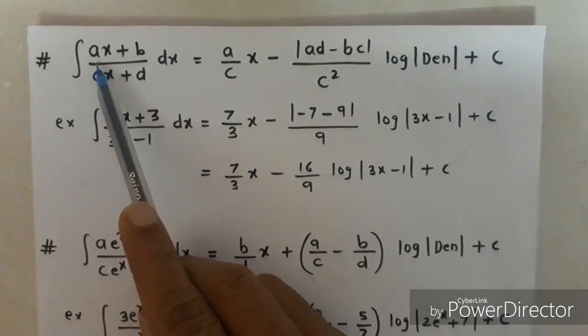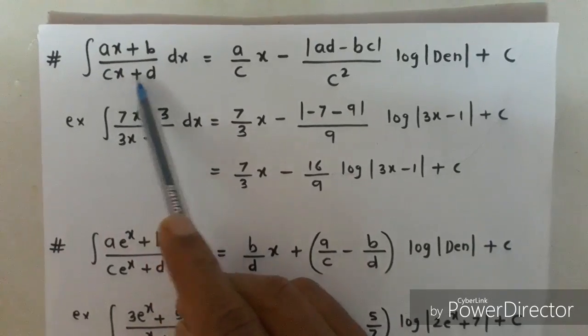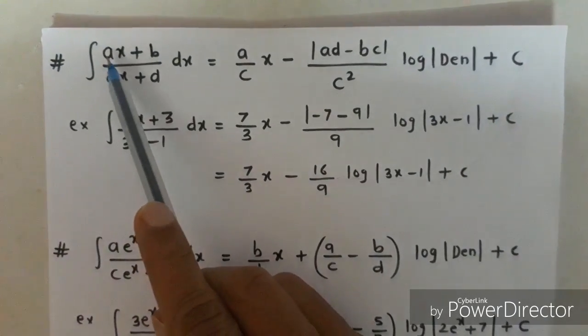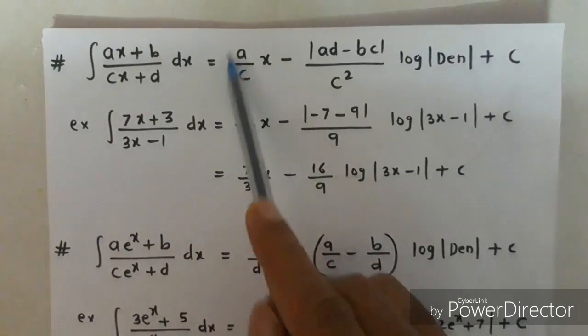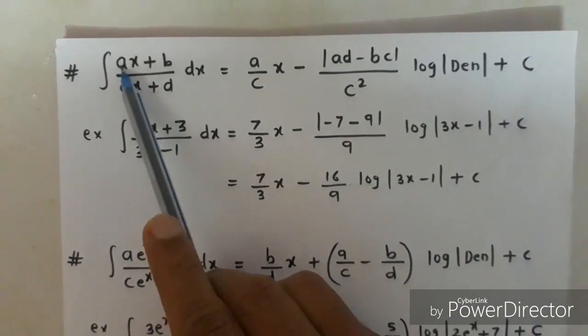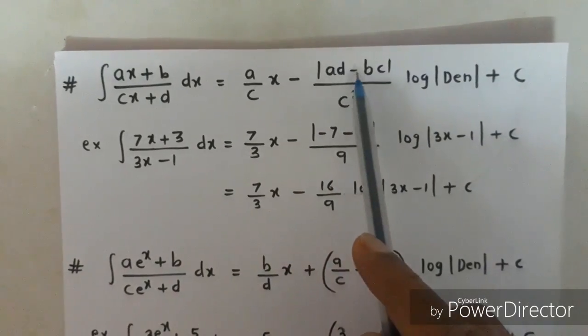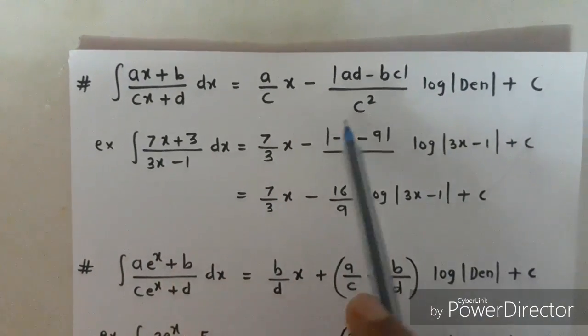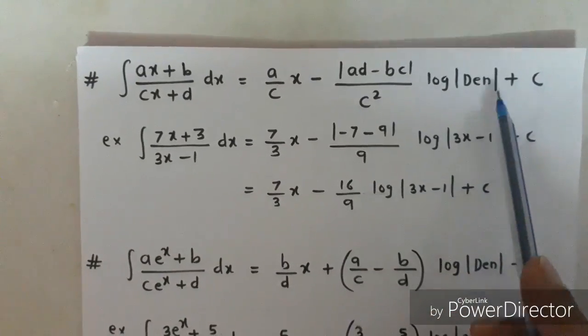If the question is of the type (ax plus b) divided by (cx plus d) dx, then we can use these coefficients: a by c into x, minus (a into d minus b into c), divided by c square, into log of denominator.